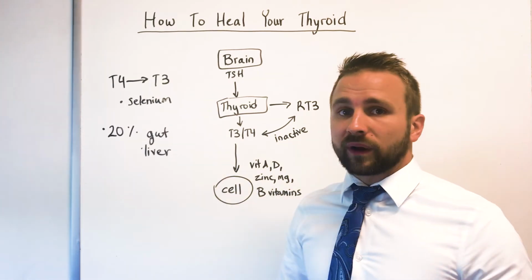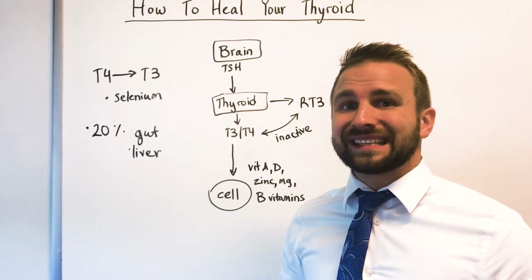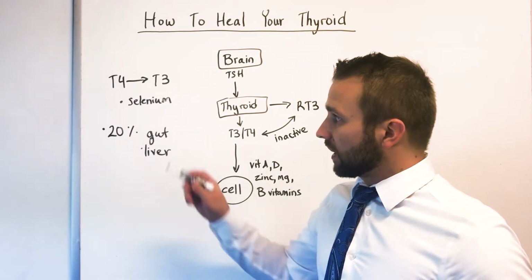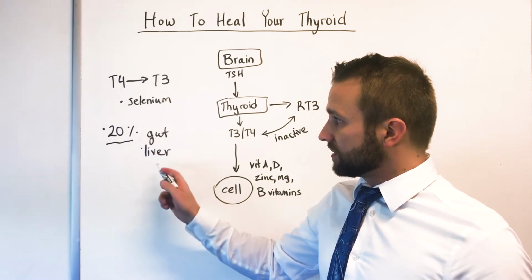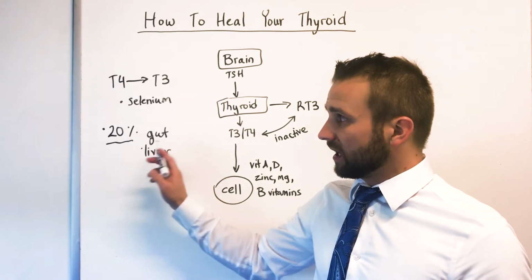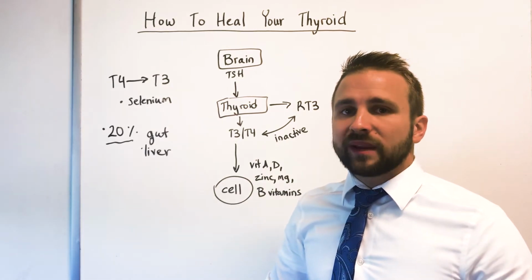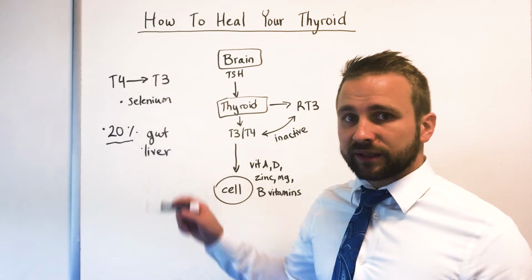If the liver is not working, which in most thyroid cases it is not, then you are going to be further on the lower end. So if we have a lower conversion on both of these, and this makes up at least 40%, if not more, of how much you are actually absorbing of thyroid hormone, then we have to address this. I hope that is making sense so far.